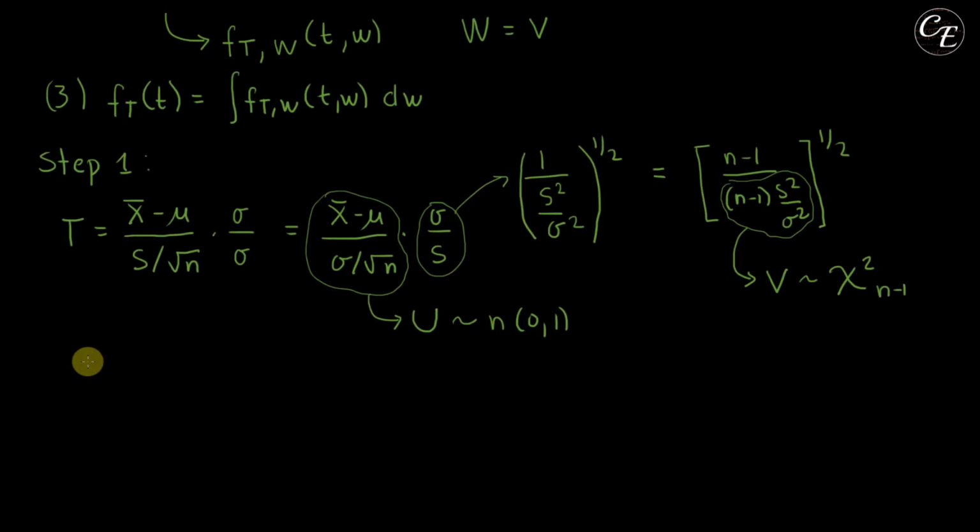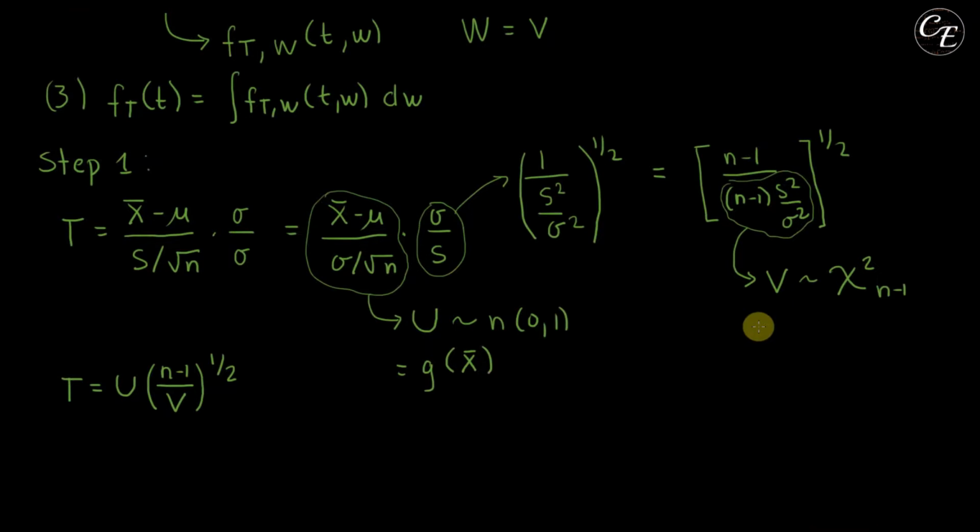We can then express this t to be equal to this u, and then times this. So we have n minus 1 over v, and then raised to 1/2. Now for this random variable u, n, mu, and sigma are constants, so this u is a function of x bar only, or the sample mean.